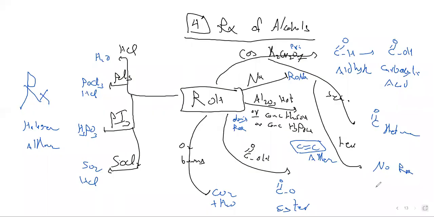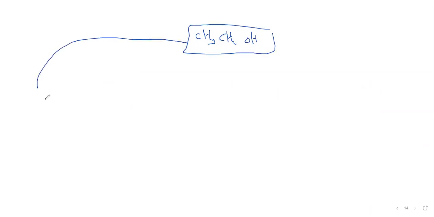For example, if you have a reaction of ethanol, CH3CH2OH, and then you're reacting with PCl5, HCl, PCl3, or SOCl2.